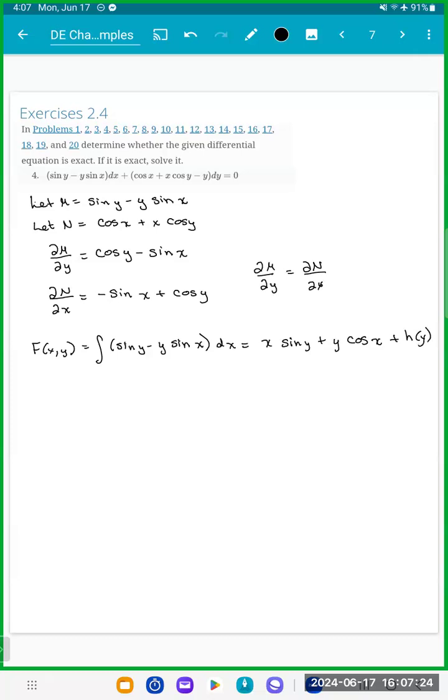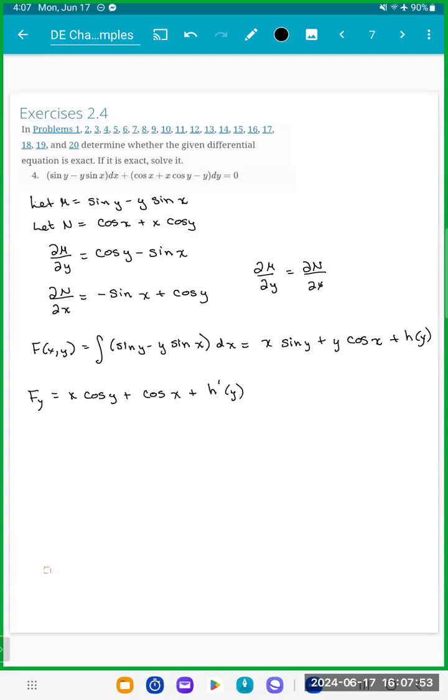Okay. Now we want to differentiate with respect to y and compare that to our N function. So if we're differentiating with respect to y, that gives us x cosine of y plus cosine of x plus h prime of y.